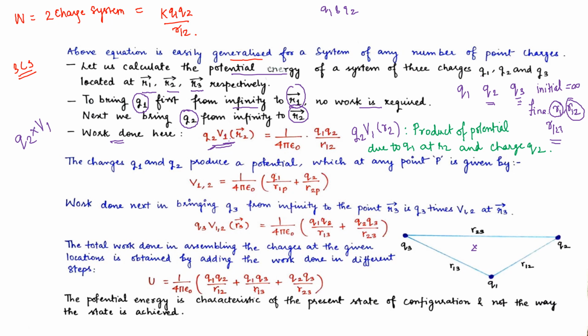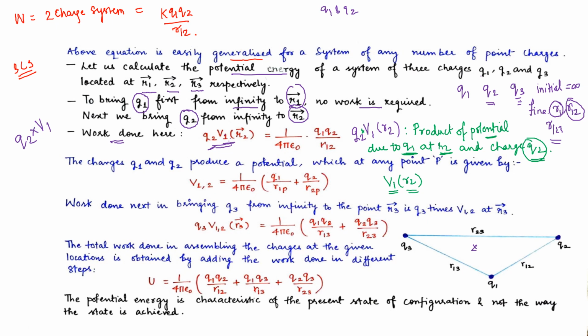Q2 V1 of R2 is a product of the potential due to Q1, where? At R2, not at R1, and the charge Q2. This is only a product, and this particular value V1 of R2 implies the potential due to charge 1 at R2. Hopefully you got it.